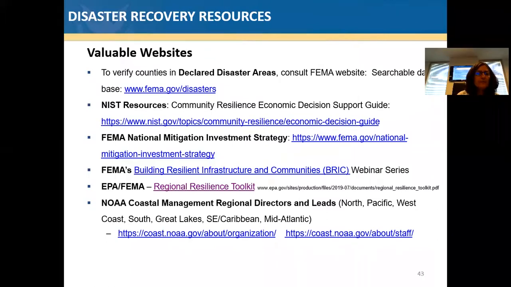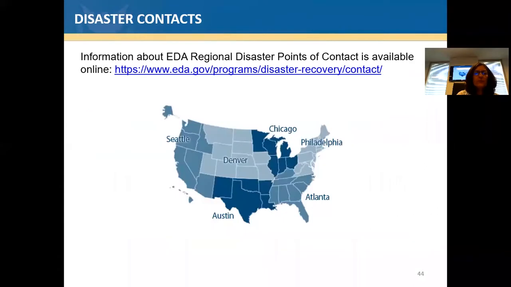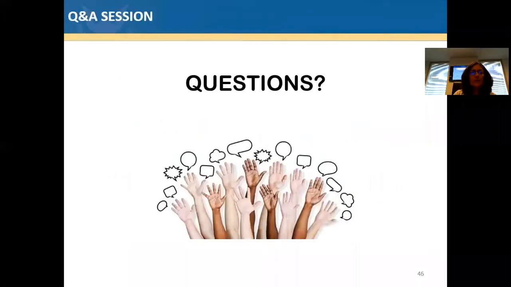And these are some websites that you might find handy. And we mentioned the 6 regional offices. And just so that you know, the Northern Mariana Islands is covered by Seattle and Hawaii, as well as Hawaii. And Guam. And Guam.